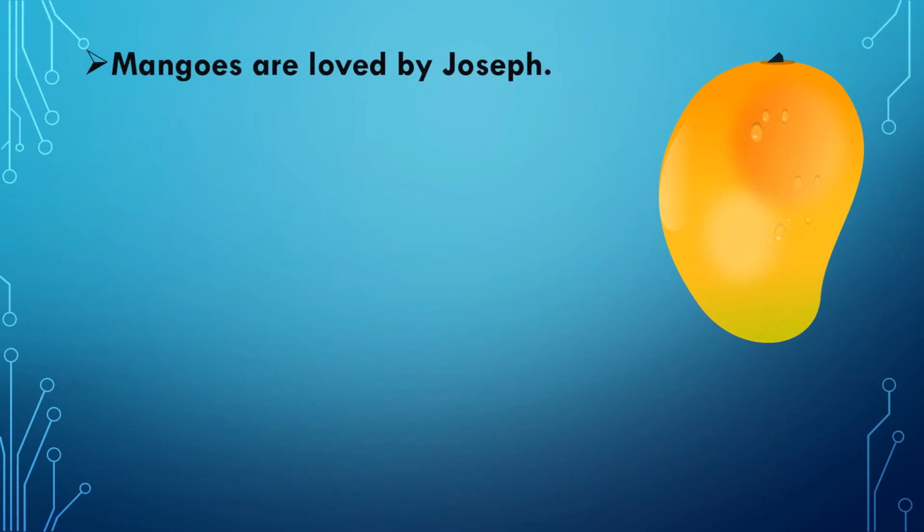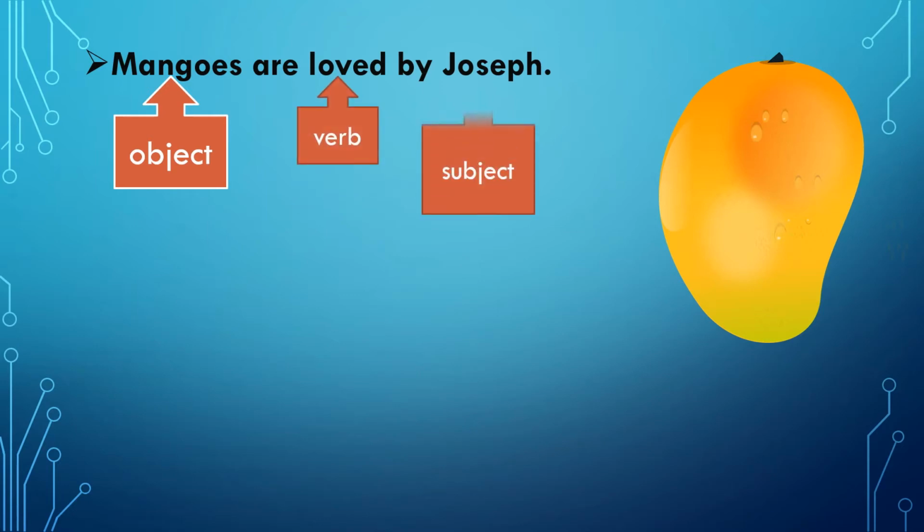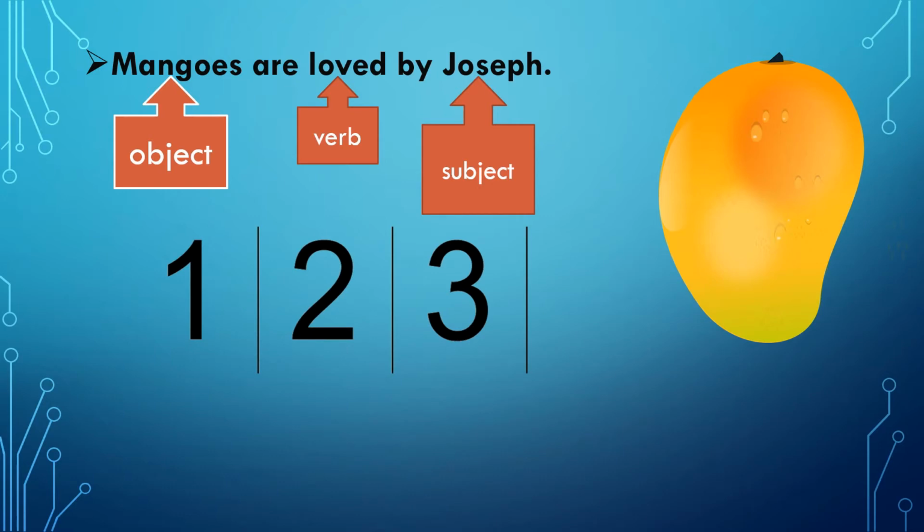Same sentence in another manner. Mangoes are loved by Joseph. In this sentence, order of subject and the object reverse itself. That is, the object comes in the first position and the subject goes in third position. Such sentences are called passive sentences.